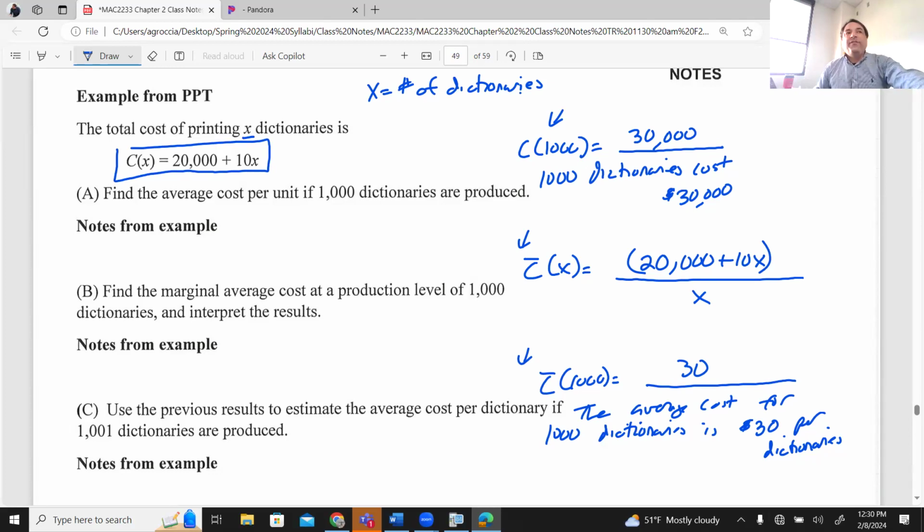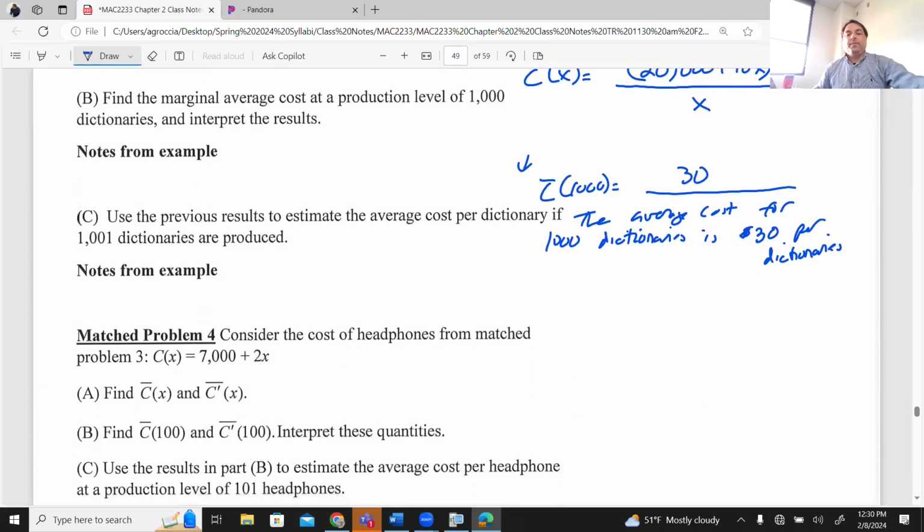Because what if I ask for marginal average cost? That means I don't want average cost. I want the derivative of average cost.